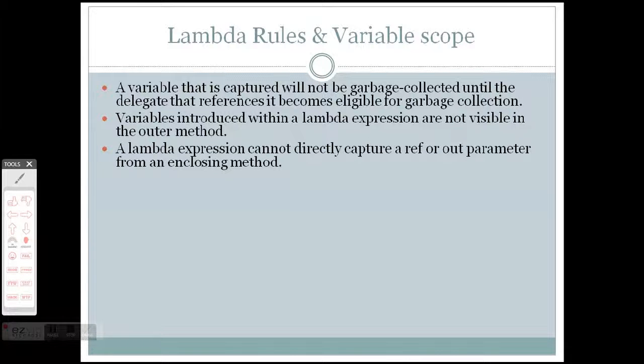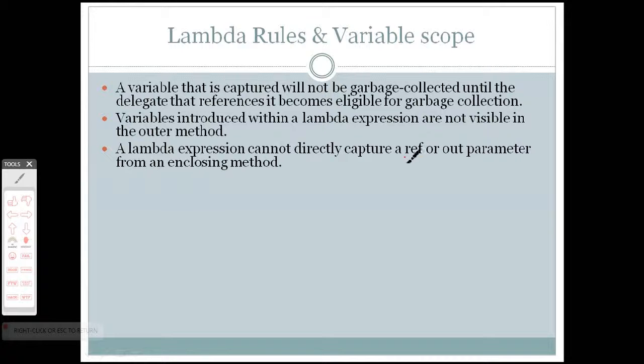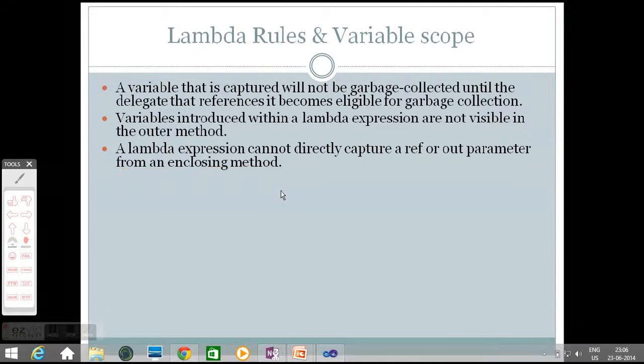A lambda expression cannot directly capture a ref or out parameter from an enclosing method. It means that even though lambda expressions accept ref and out parameters, if the function inside which the lambda exists expects a ref or out parameter, this parameter cannot be used within the lambda expression.